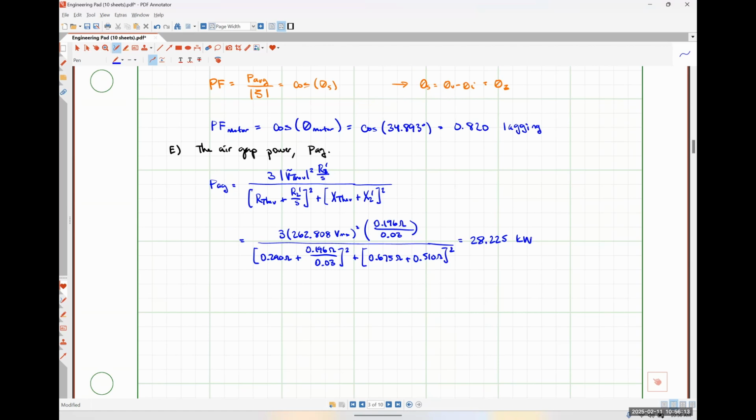So that is our air gap power, just direct application of our equation.